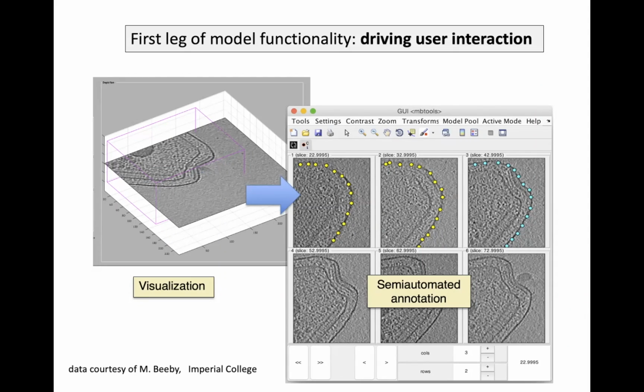You mark where one layer in the membrane is, and then you let the model decide where the membrane is in the subsequent layers. You have some parameters to decide how to do it, but the idea is that this should be kind of semi-automated. This is about the visualization part of the model.